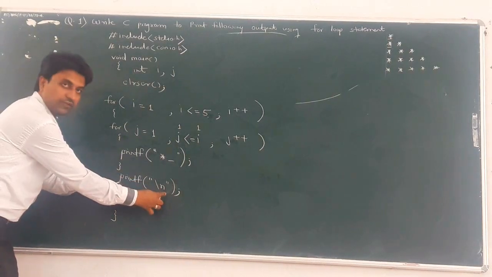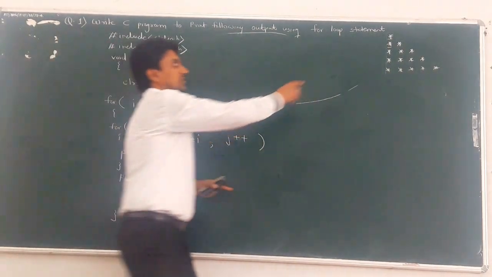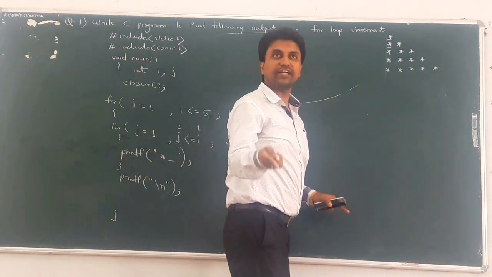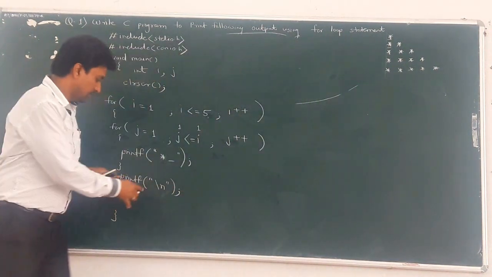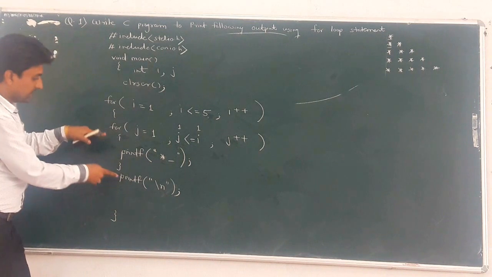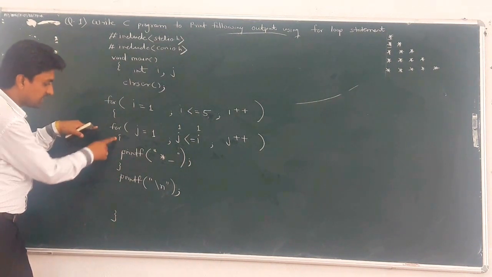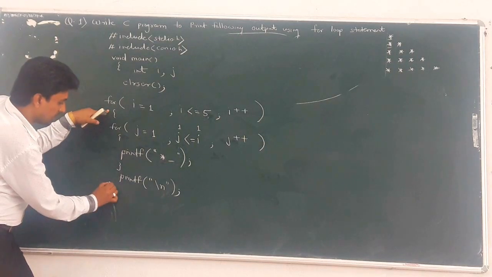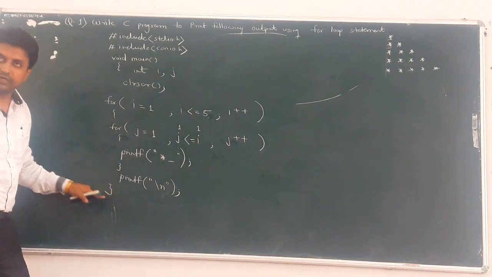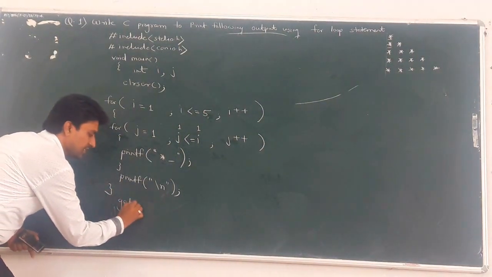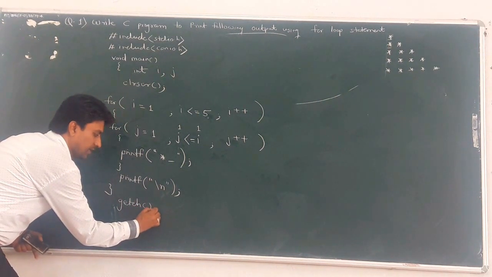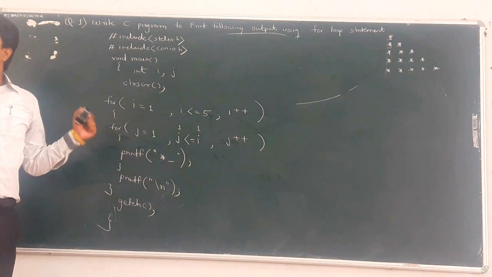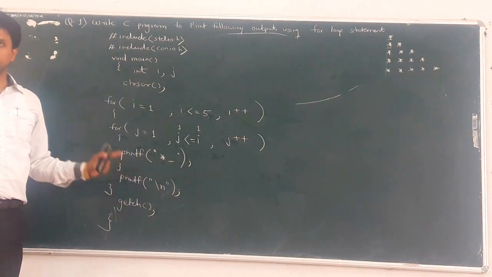After that, there is one \n because the cursor goes to the next line for the second row. That's why printf \n. That is the statement outside of this inner for loop. Okay. And next is completion of your outer for loop. Next statement is getch and the main function is completed. Now manually execute the program.